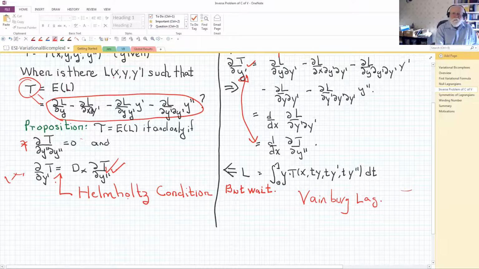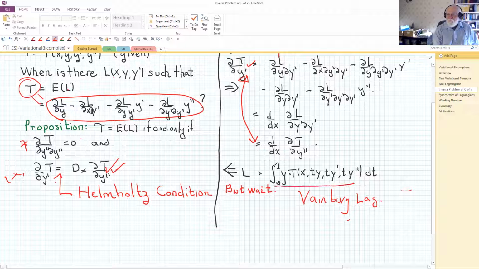We started off asking when there was a first order Lagrangian, and this Weinberg formula here produces for us not a first order Lagrangian, but one that explicitly involves second derivatives.